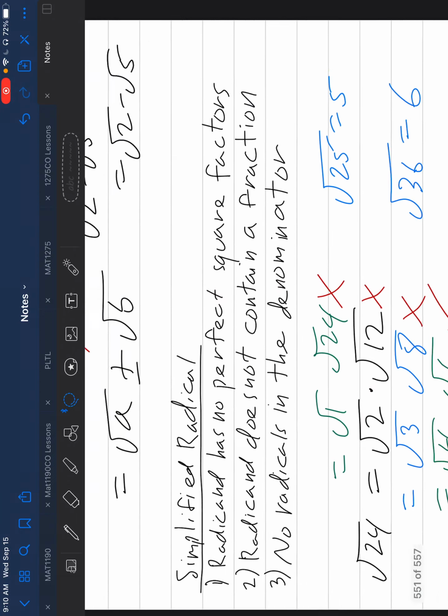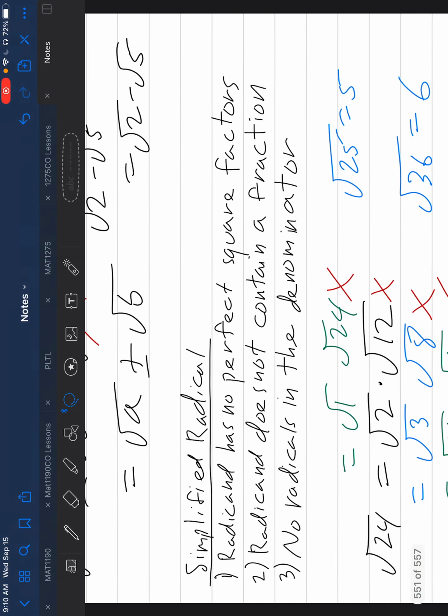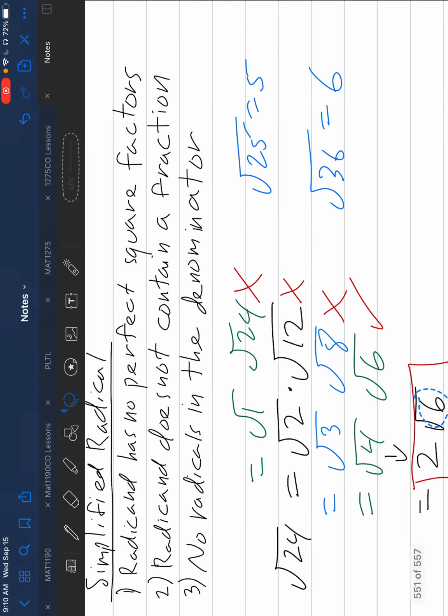But what we're doing here is using this property of multiplication, kind of like backwards, right? Radical 24 can be written as the product of radical 4 times radical 6. Now, since radical 4 is a perfect square, we could take the square root of that, and now our radicand instead was 24, now it's 6, does not have any factors in it that are perfect squares.